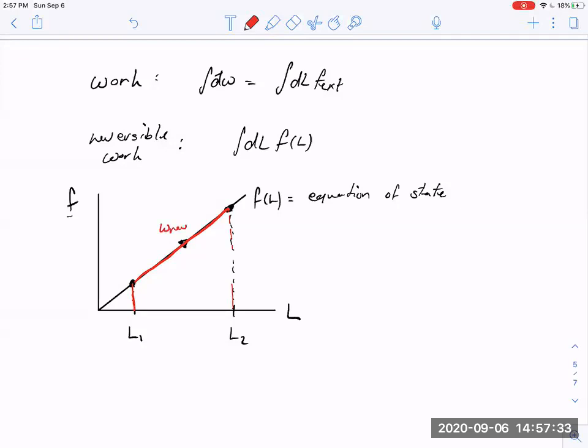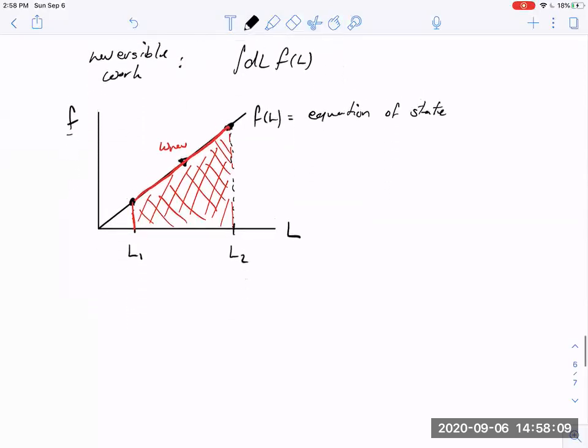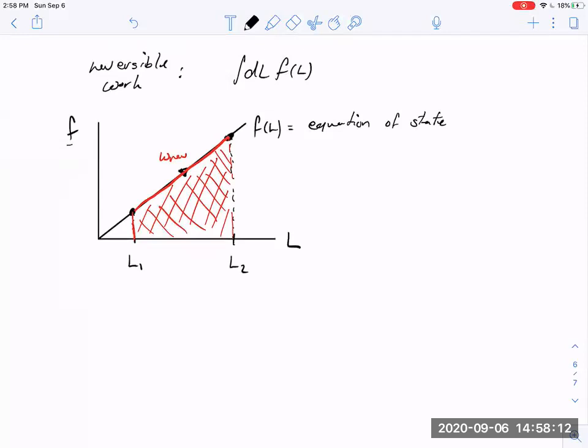The reversible work, therefore, is the integral of F dl between L1 and L2, which graphically is then just the area under this curve. If I give you that constant A of t, you can then compute that area explicitly. So that's the reversible work to go between L1 and L2.